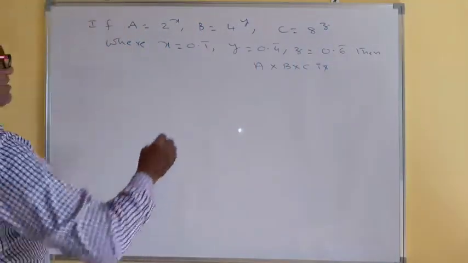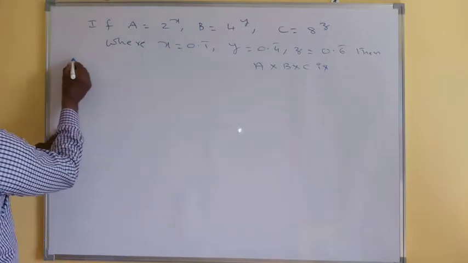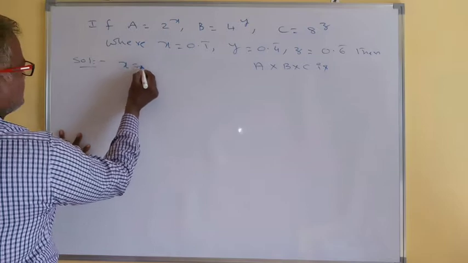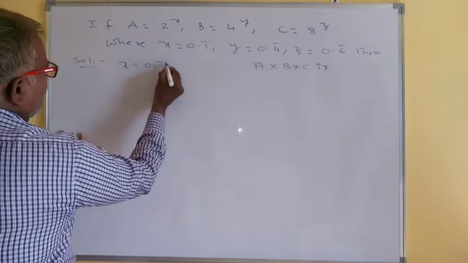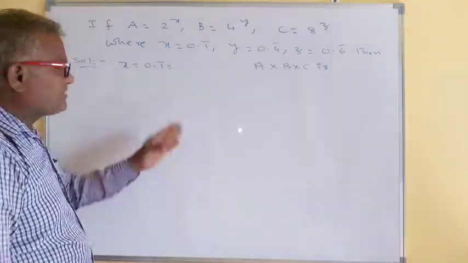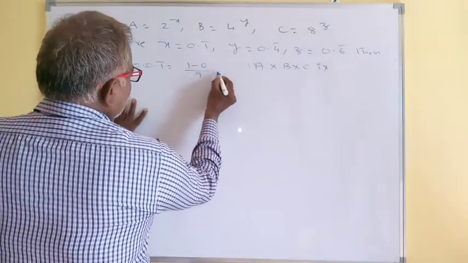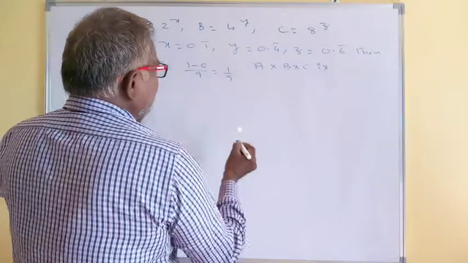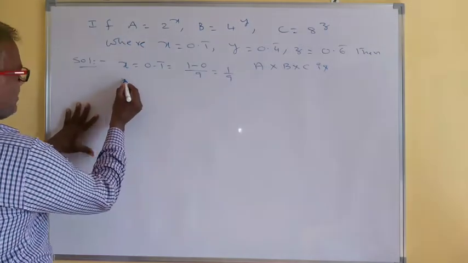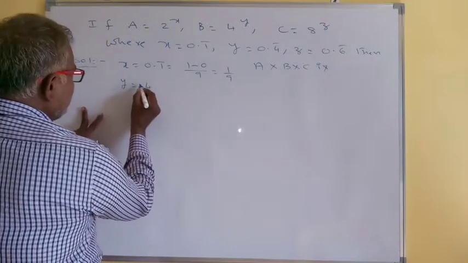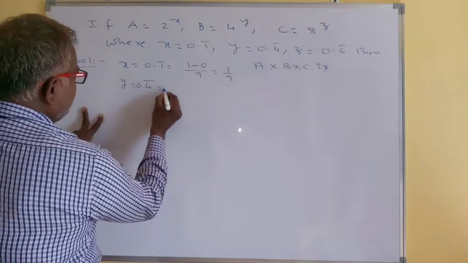So first of all, you have to simplify the values of x, y and z. You see x is equal to 0.1 bar. So directly you can write 1 minus 0 by 9. That is nothing but 1 by 9. Okay. Next y. What is y? 0.4 bar.